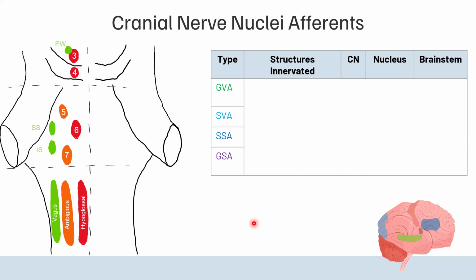No. All right. So when I'm talking about general visceral, remember, I am talking about parasympathetic. But for special visceral, you guys are absolutely correct. It would be taste because this is from the viscera and it is a special sensation. So this would be taste.